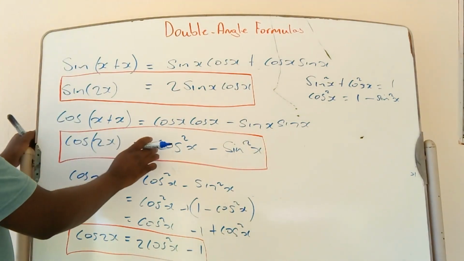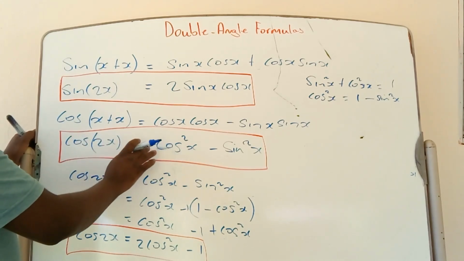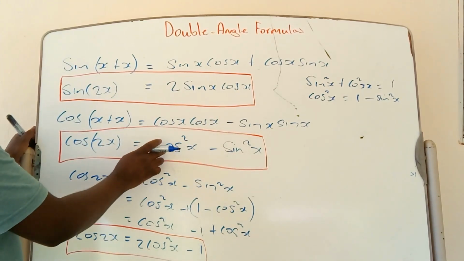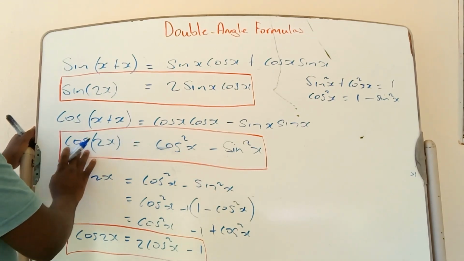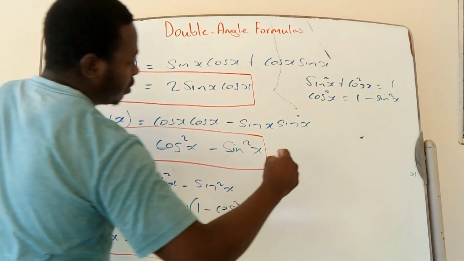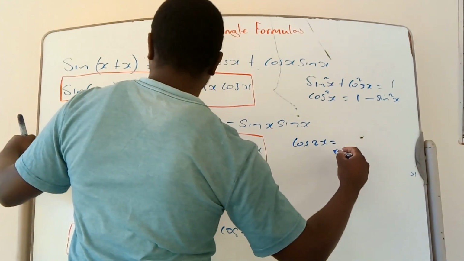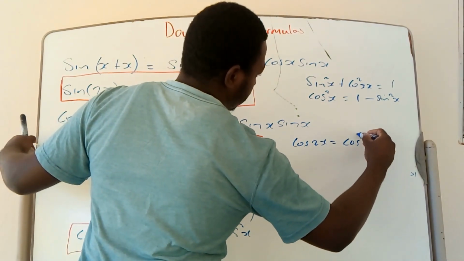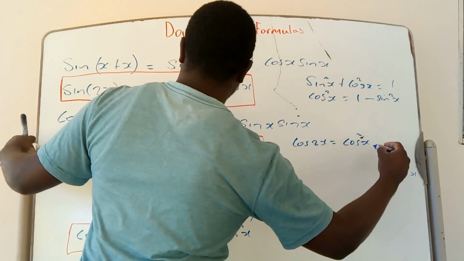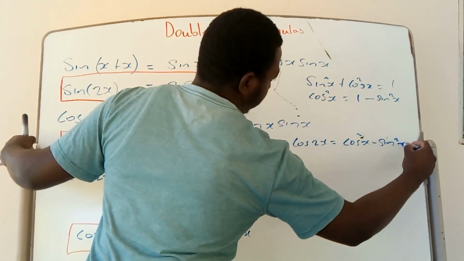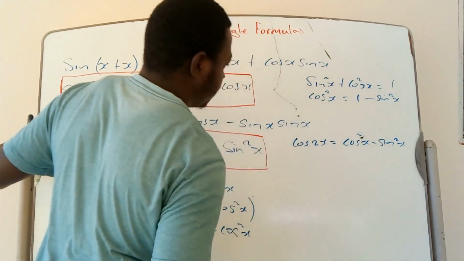So now if I want to write cos 2x strictly in terms of sine squared of x, I just need to replace this. So I'm going to write back the mother one here. Cos 2x is equal to cos squared of x minus sine squared of x. That's it, right?